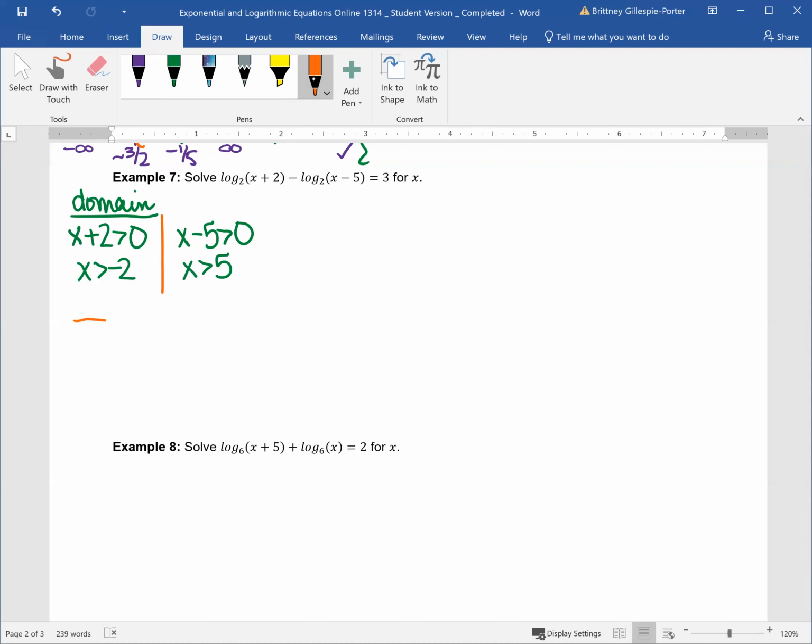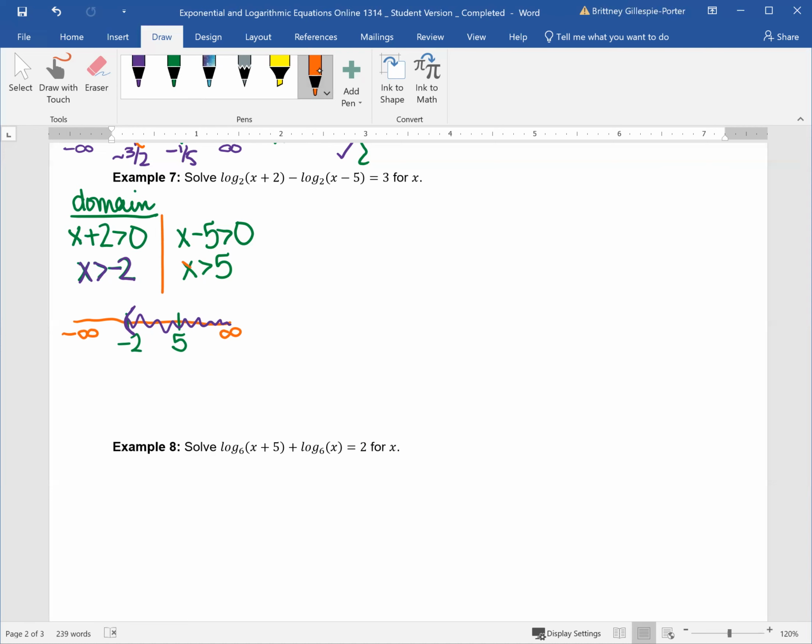So if we're doing our number line with negative infinity on the left and positive infinity on the right, our numbers in numerical order, greater than negative 2 means that we are going from negative 2 on up into positive infinity.